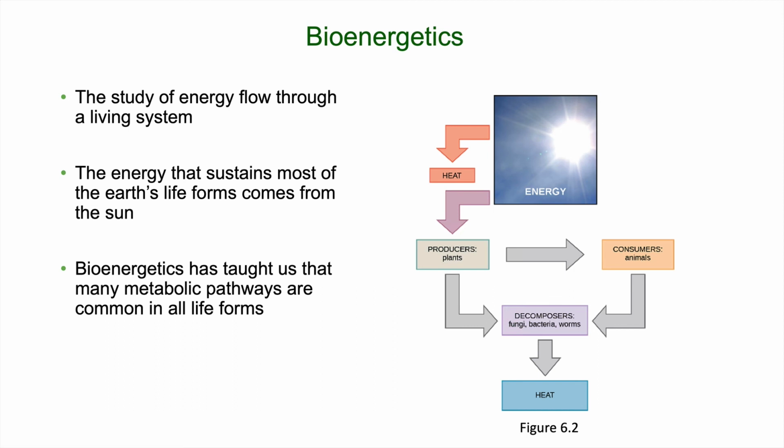And then as the energy from the sun filters through producers who make the sugars, that then can share with consumers, either animals that eat the producers or animals that eat other consumers. And when both of these die, they get broken down by decomposers. At every step of the way, we're releasing heat energy, which is going to dissipate back into the universe. And this is what bioenergetics does, it studies this flow of energy.